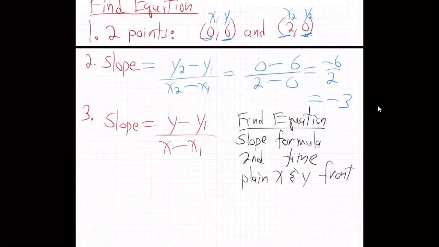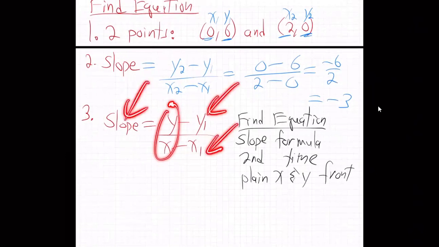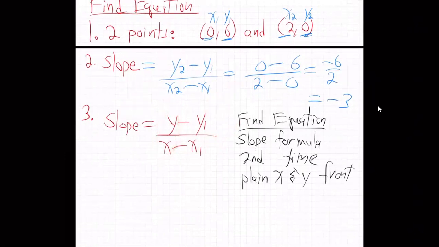The reason there's a plain x and y there is we're not going to plug anything into those. Those are going to remain x and y till the end. And so I'm just going to plug in something for the slope, for x1 and y1.